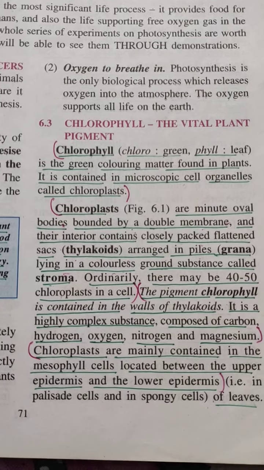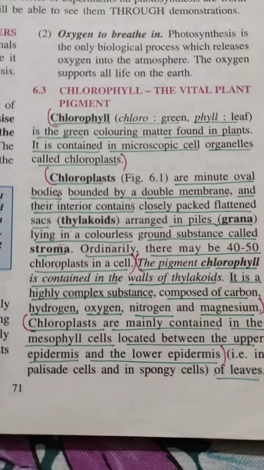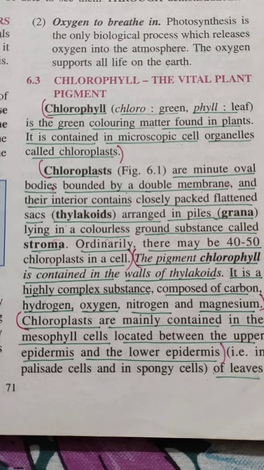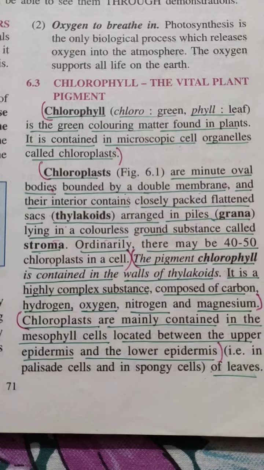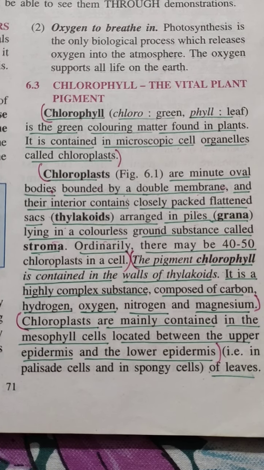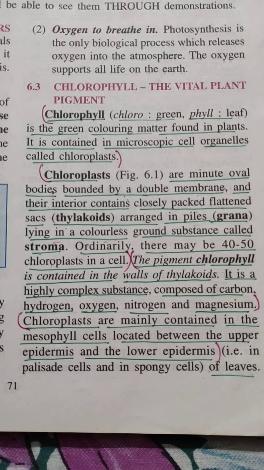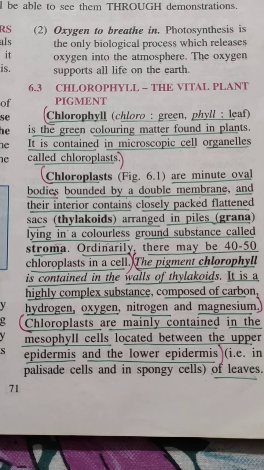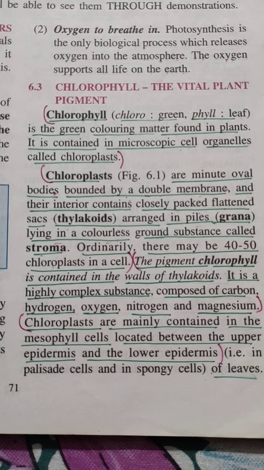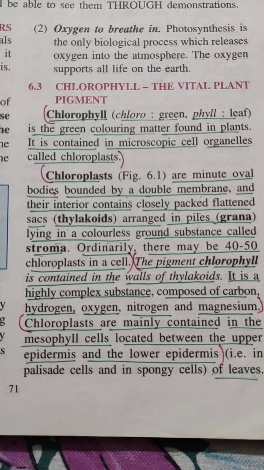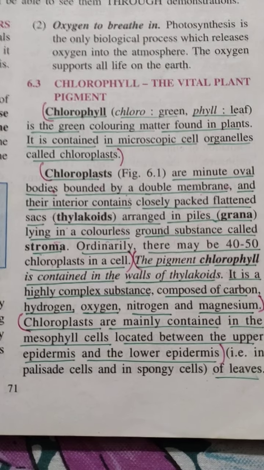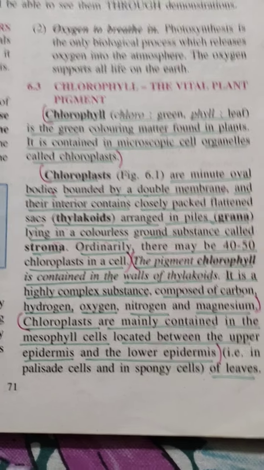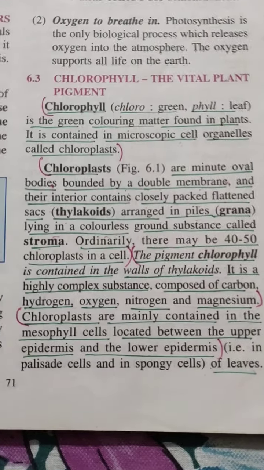Now, what is the structure of this chloroplast? They are minute oval bodies bounded by a double membrane, and their interior contains closely packed flattened thylakoids arranged in piles known as grana, lying in a colorless ground substance called stroma. Let us see the diagram.